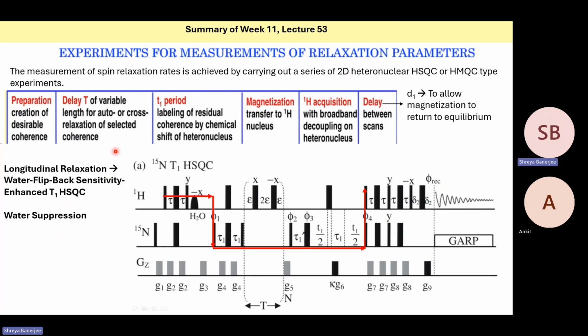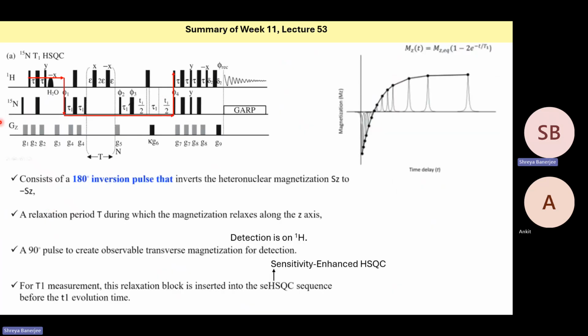So first, in the relaxation parameters, we will first look at how T1 is measured. Again, that same pulse sequence that we saw in the previous slide is shown here. We'll talk about it in a little bit more detail right now. Initially, there is a 180-degree inversion pulse that inverts the heteronuclear magnetization from Sz to minus Sz.